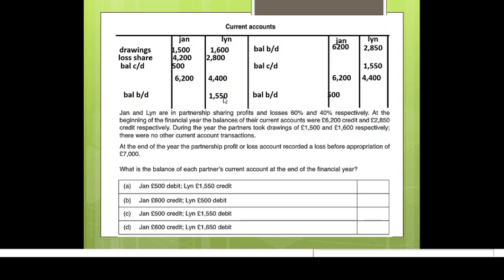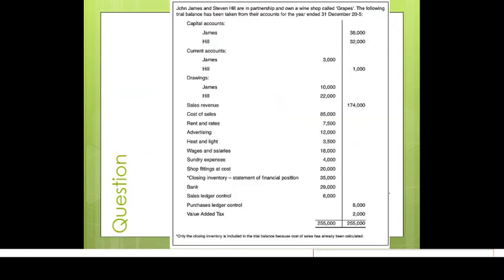So they started off with 2,850, they took 1,600 out, they were required to cover the loss, and it ended up with them being in a negative balance of 1,550.